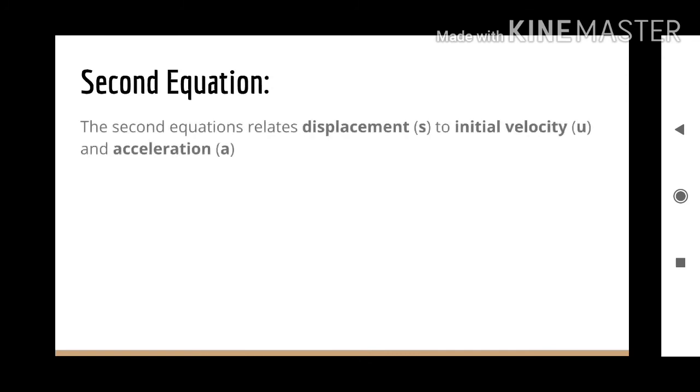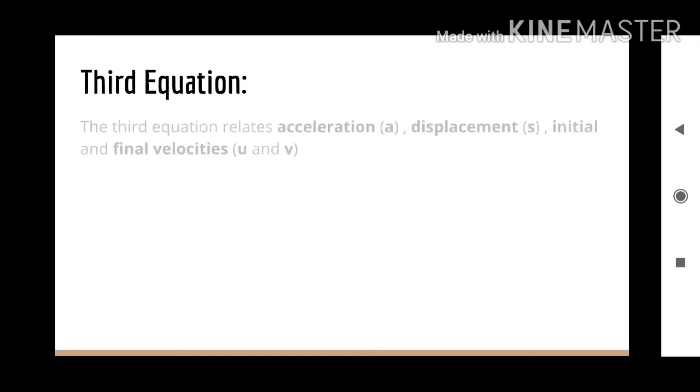The second equation relates displacement to initial velocity and acceleration. The equation is s is equal to ut plus half at square. s is displacement of the object, u is the initial velocity, a is the acceleration, and t is the time taken.